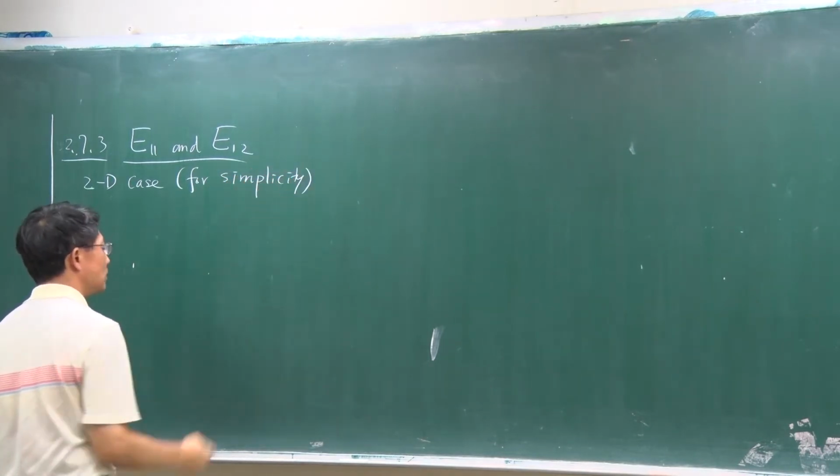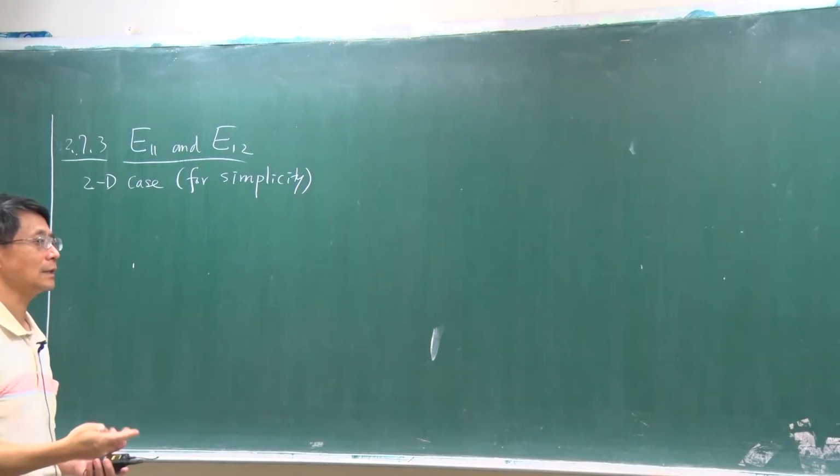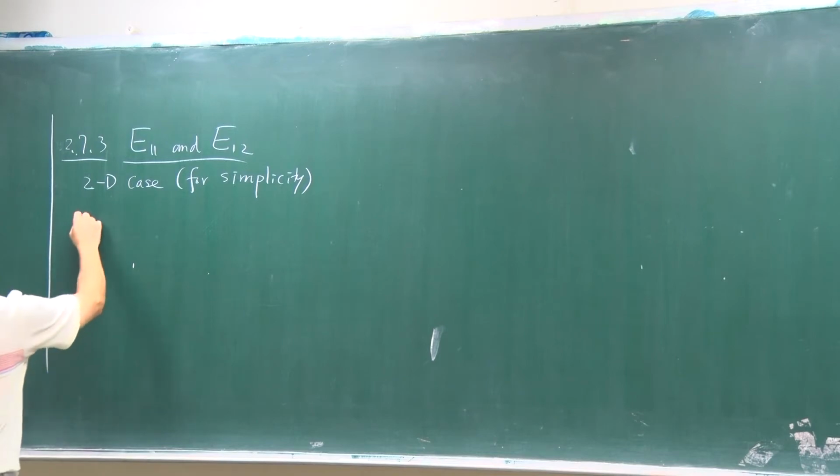For simplicity, 就是说我们为了方便呢，我们就讲 2D case 就好了。Okay, we have a Lagrangian strain like this.